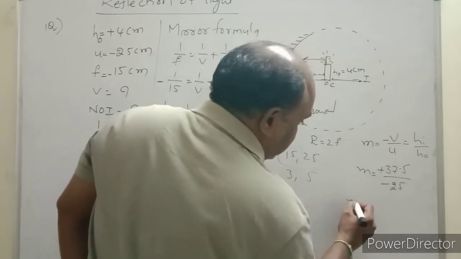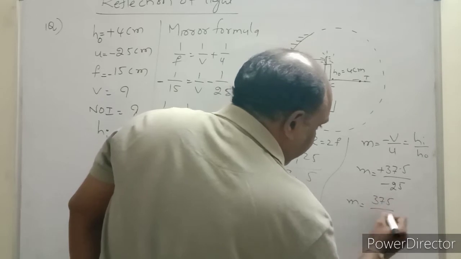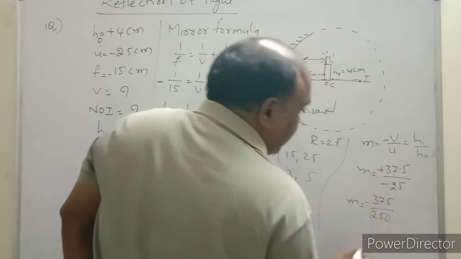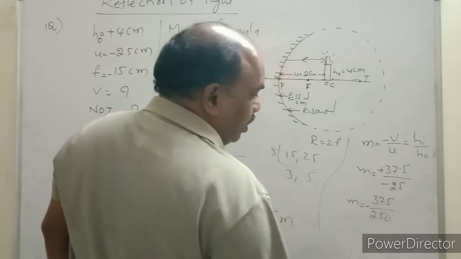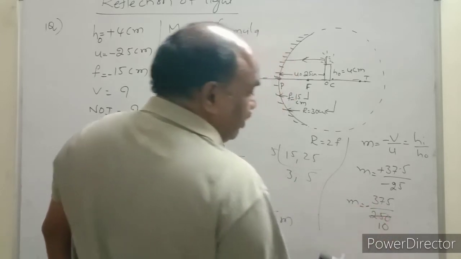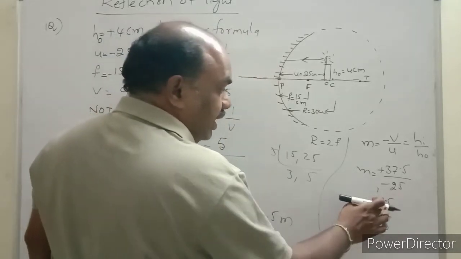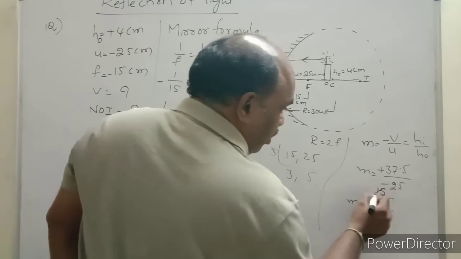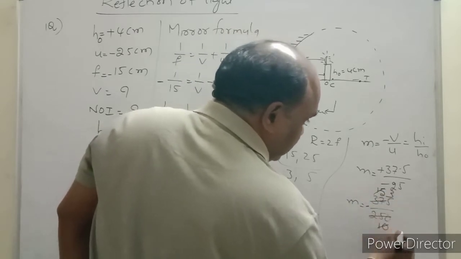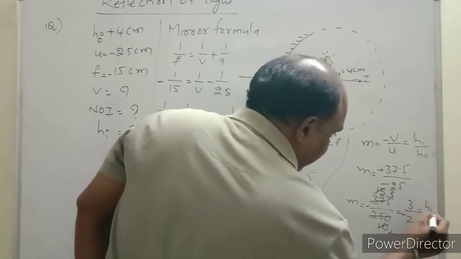One more step you can also write: magnification m is equal to 375 by 250, because if you remove the decimal point, put a 0 in the denominator. Simplifying, that means minus 3 by 2, which is equal to hi by h naught.